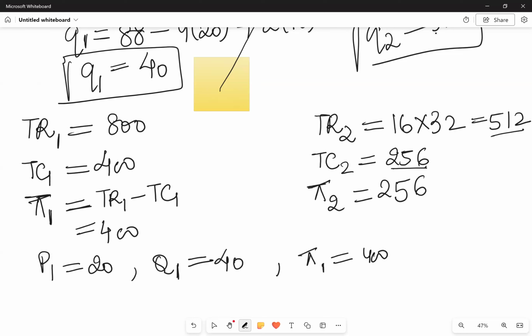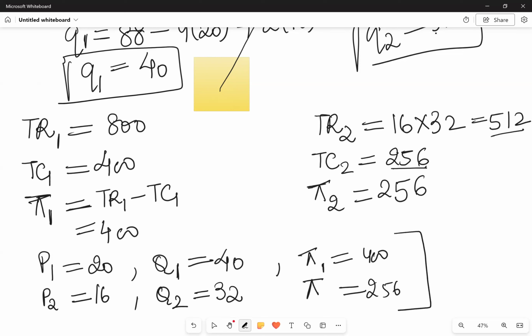Then the equilibrium price for firm 2 comes out to be 16, the equilibrium quantity for firm 2 comes out to be 32, and the profit for firm 2 comes out to be 256. So this is the solution to your question.